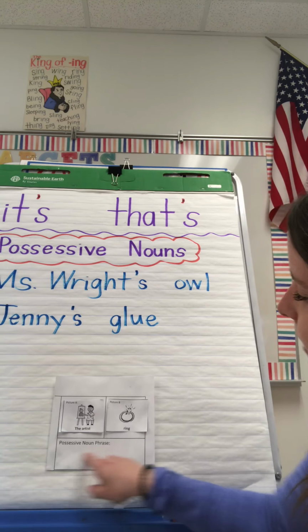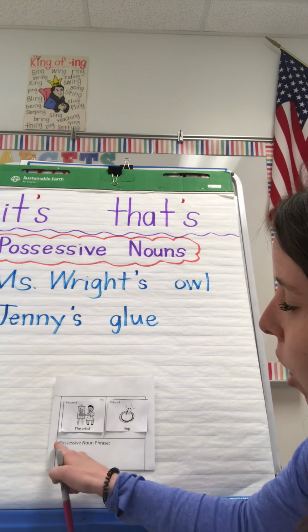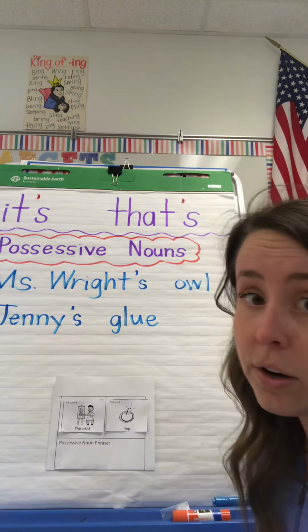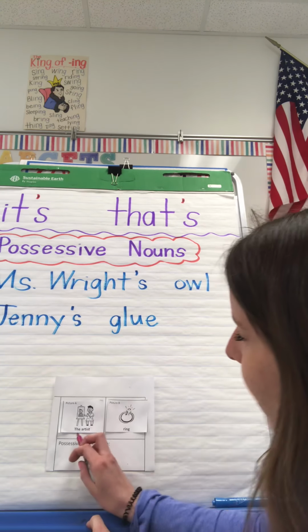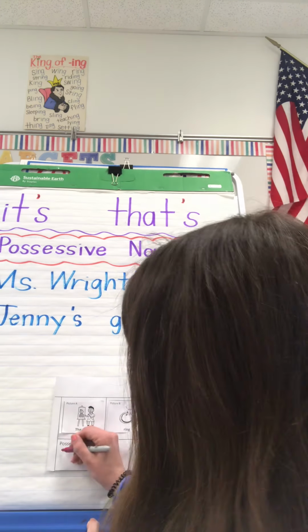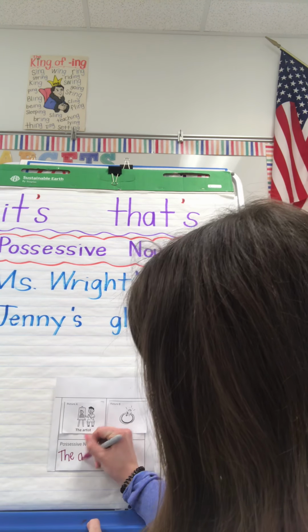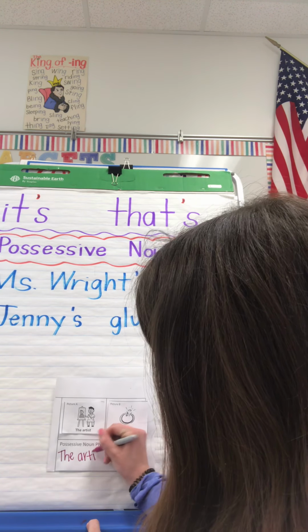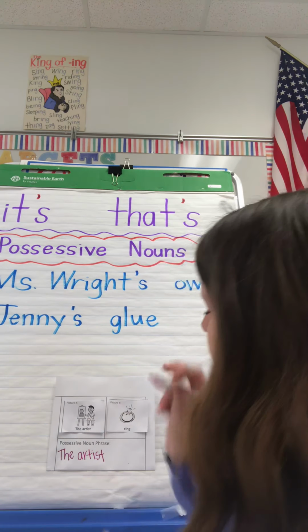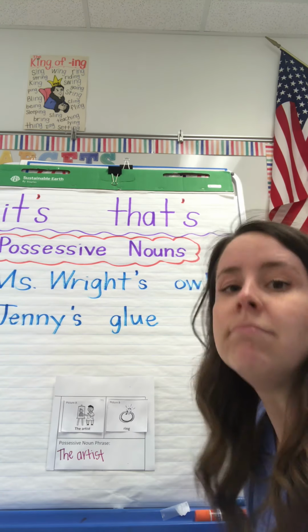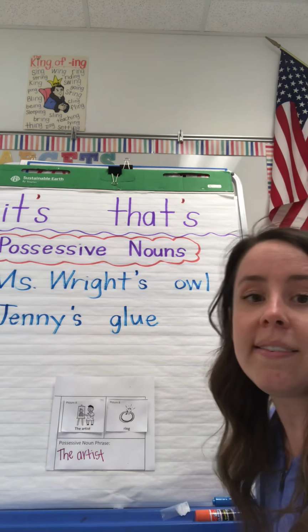So how we do that down here, my friends, I'm going to start my writing all the way at the edge so that I don't run out of room. And I'm going to start by writing the artist. Now, what item belongs to the artist again? That's right, the artist's ring.